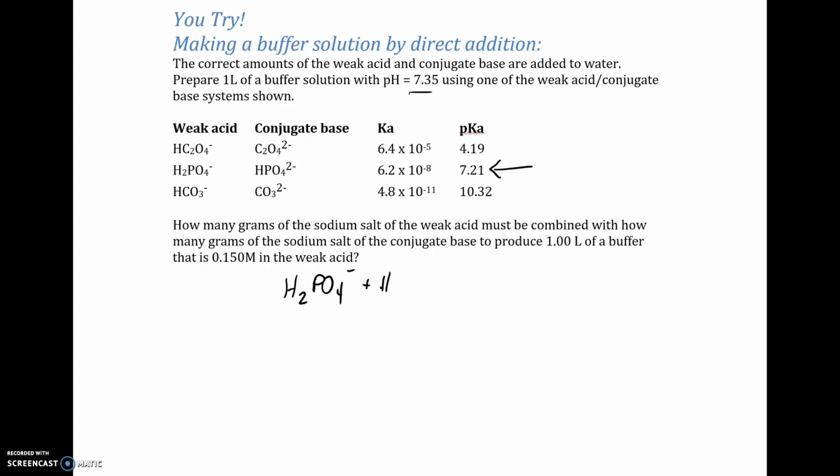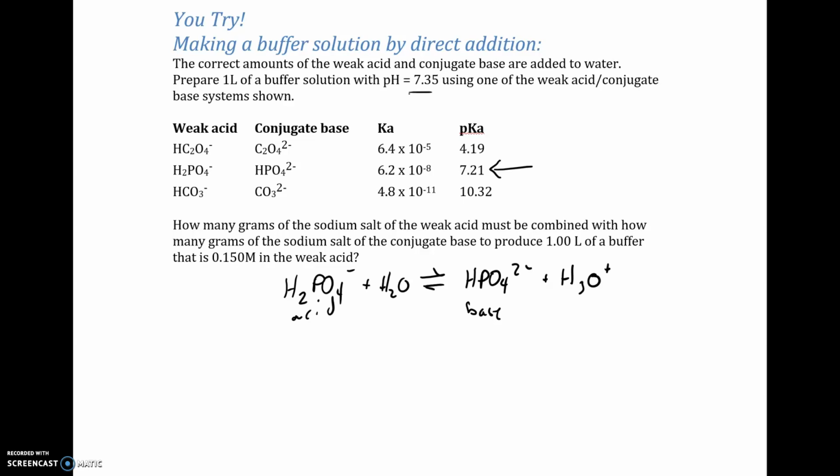What I really need to find out is that ratio, right? There's my buffer system. I've got my acid here, and I've got my base. Notice they're ions, so we're going to need to get a salt of these, and they told us to use the sodium salt. And that's a logical choice. The sodium salts are quite soluble.